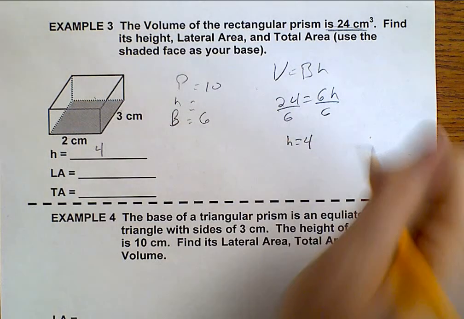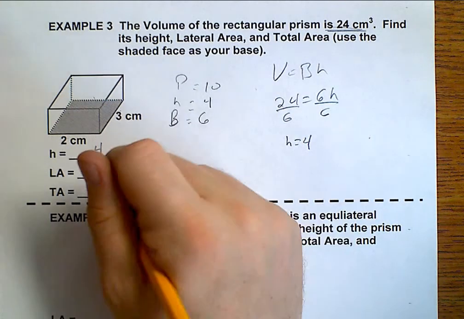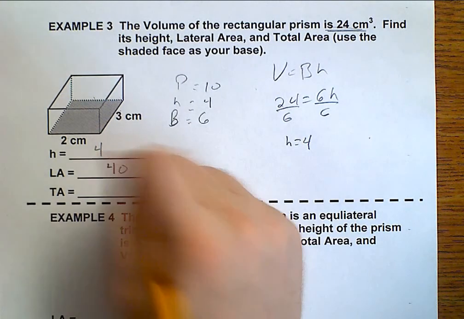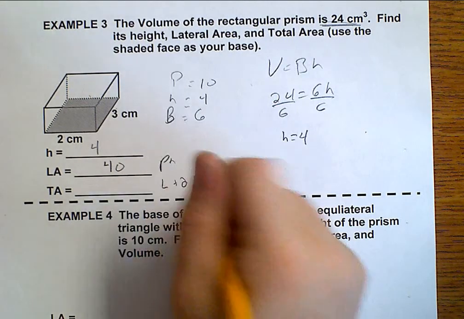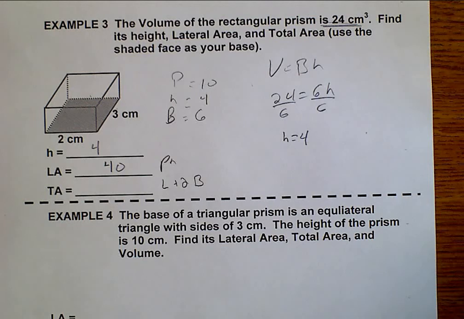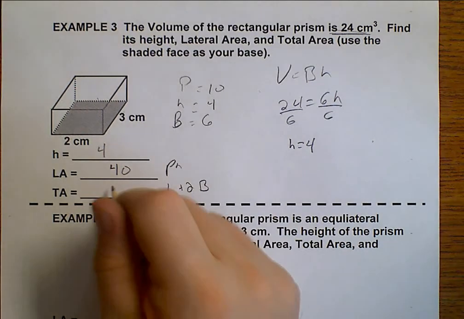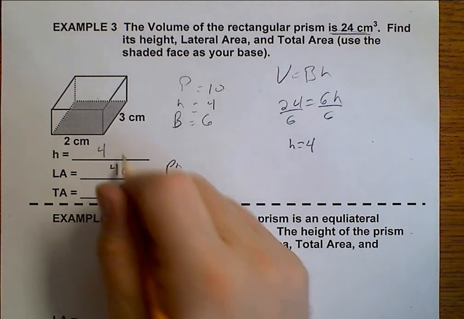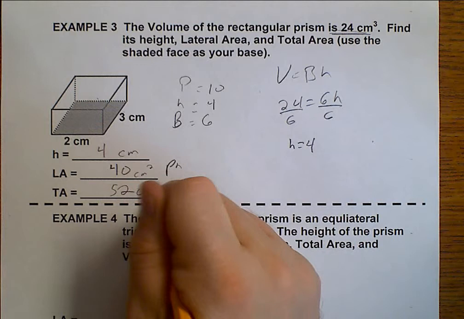So if we have a height of 4, then perimeter times height gives us a lateral area of 40. And our total area is 40 plus 6 times 2, which is 52. And these are centimeters, centimeters squared, and centimeters squared.